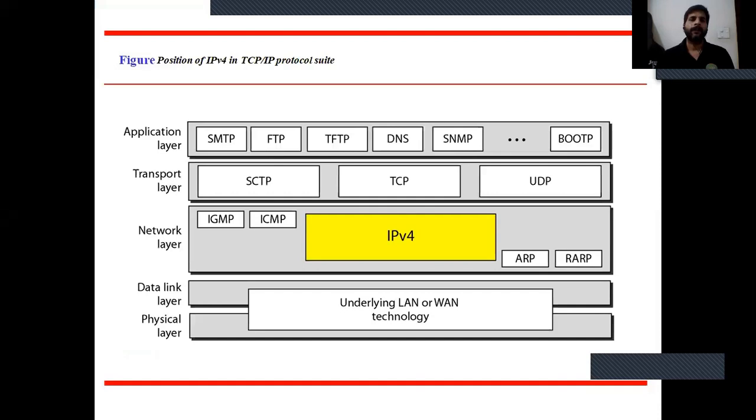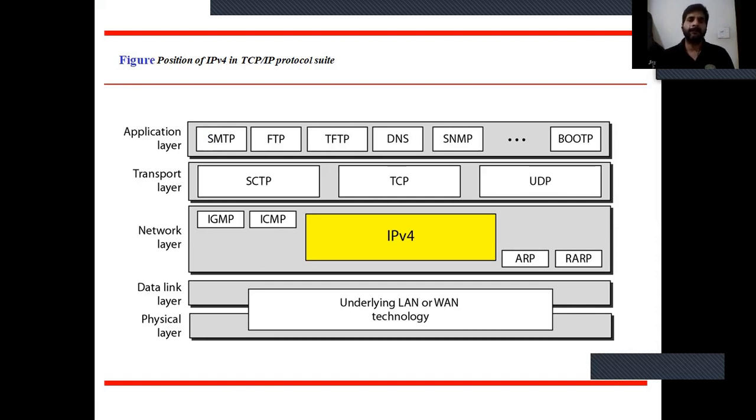The TCP/IP datagram format is shown here. The TCP/IP protocol suite contains 4 layers. First is the application layer, which contains several protocols like SMTP, FTP, TFTP, DNS, SNMP, and BOOTP.